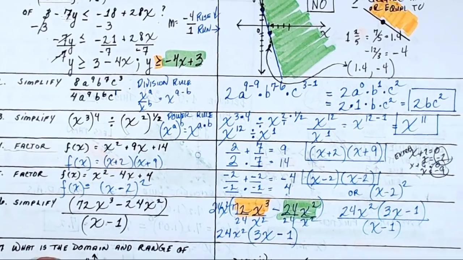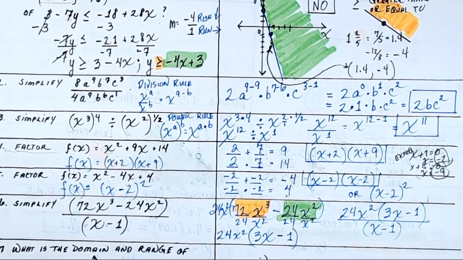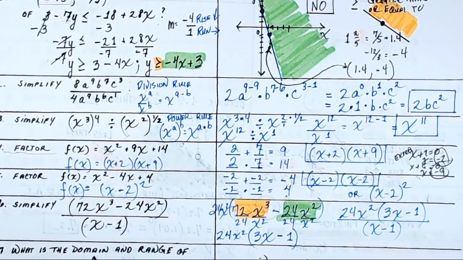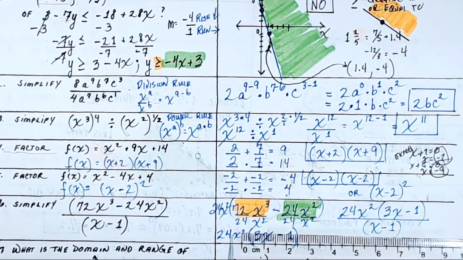And that is the simplified form of this expression, or the factored form of the expression. So you put that in a box.